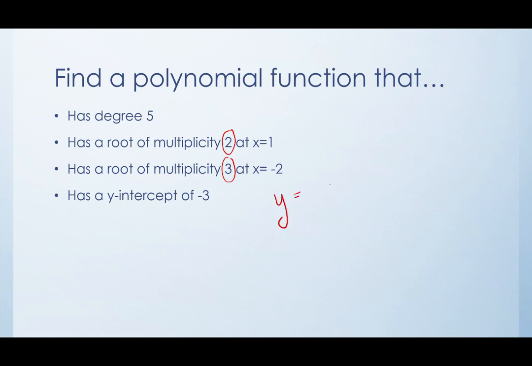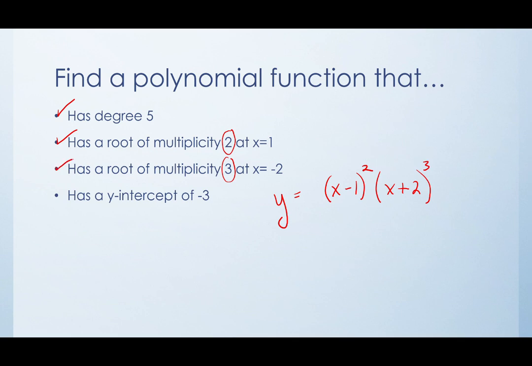So we can start off by saying, okay, a root of 1, that would be x minus 1, multiplicity 2, all right? And then we have a root of negative 2, so x minus negative 2, multiplicity 3. Okay, so we have checked off degree 5, the root of multiplicity 2, the root of multiplicity 3.